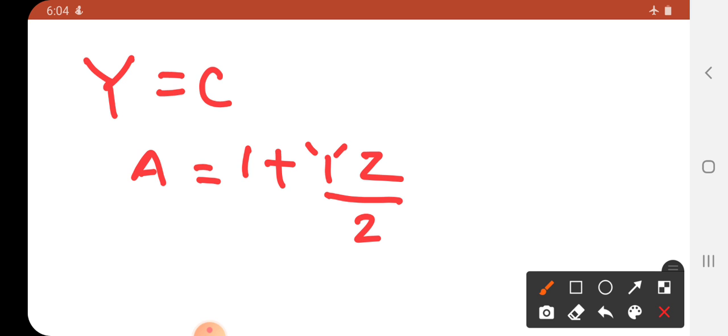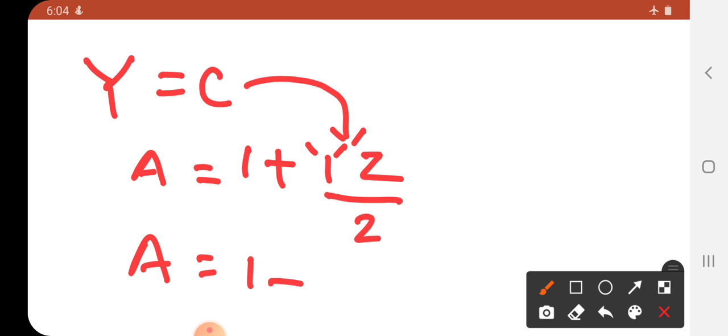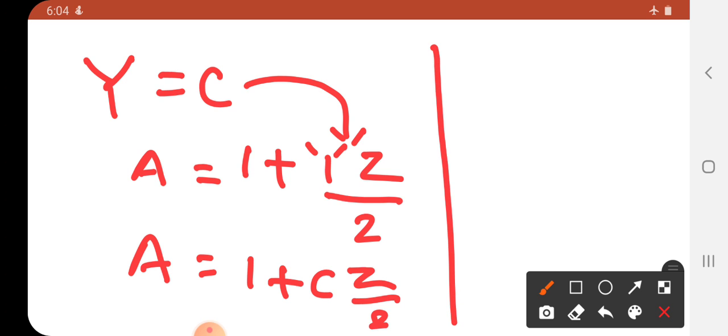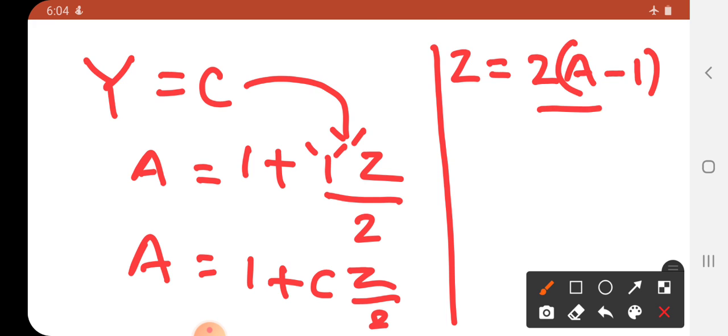In the place of Y, let me substitute the value of C. So then A is equal to 1 plus CZ by 2. So here I need the value of Z. So hence Z is equal to 2 into A minus 1 divided by C.